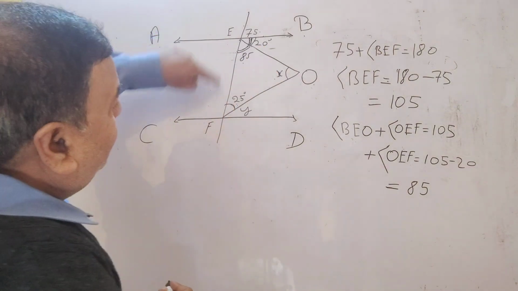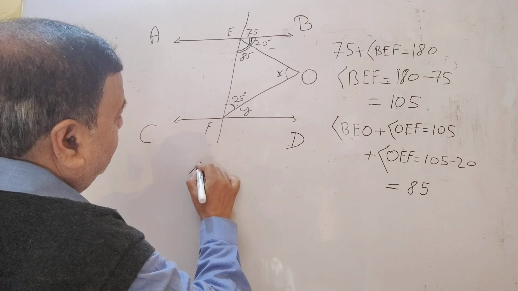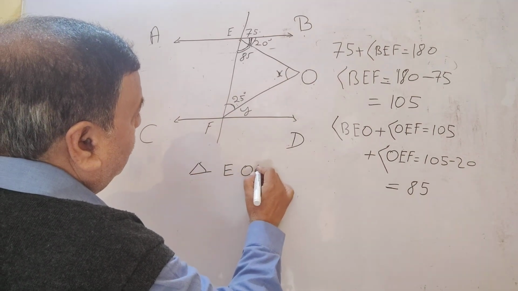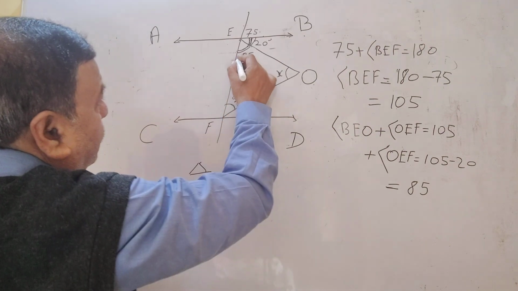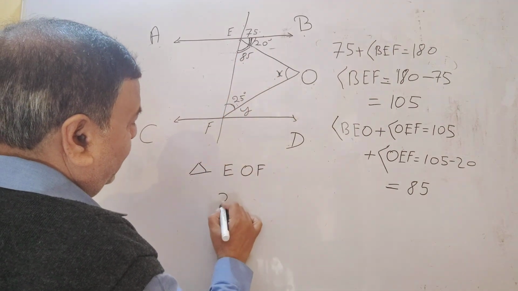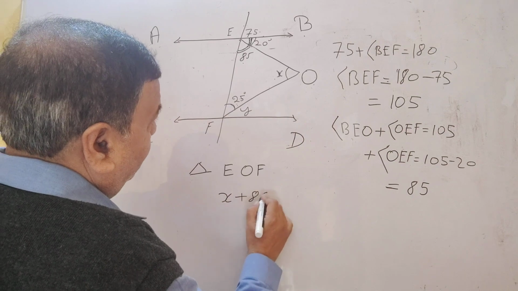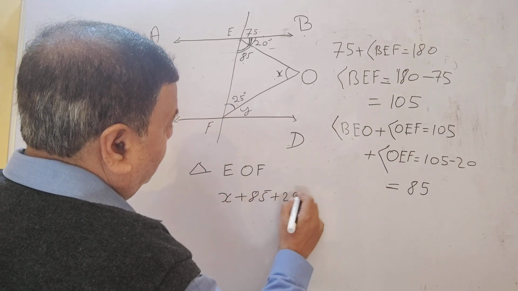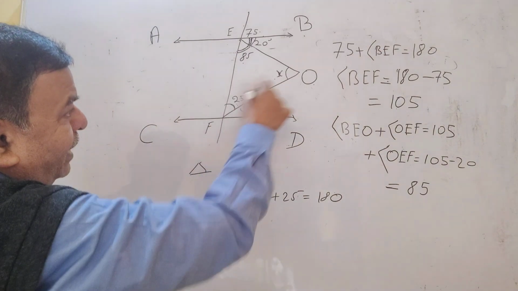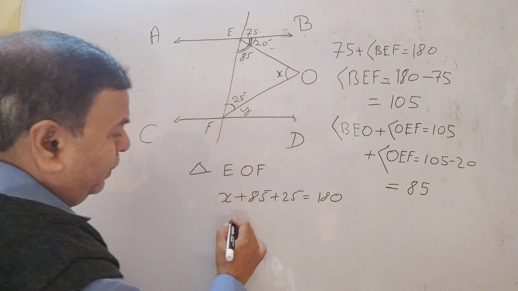Now in this triangle it is very clear. In triangle EOF, one angle is 85, this is 25. So what is x? So x plus 85 plus 25 becomes 180. In a triangle, all three angles make 180.